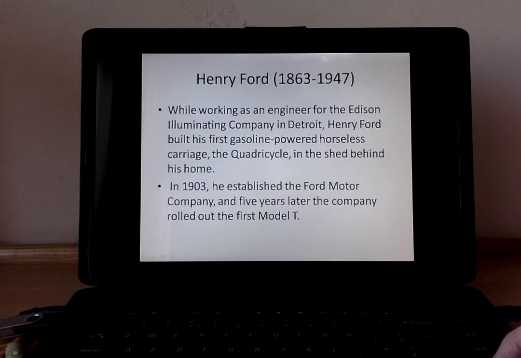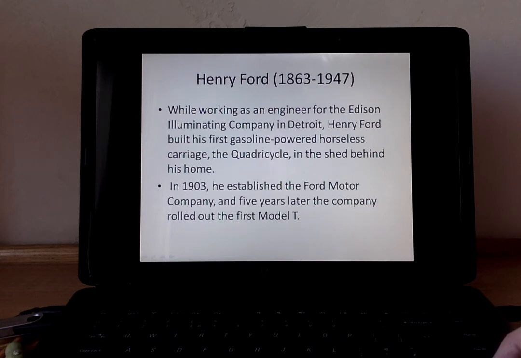Here we have Henry Ford. While working as an engineer for the Edison Illuminating Company in Detroit, Henry Ford built his first gasoline-powered horseless carriage, the quadricycle, in the shed behind his home.